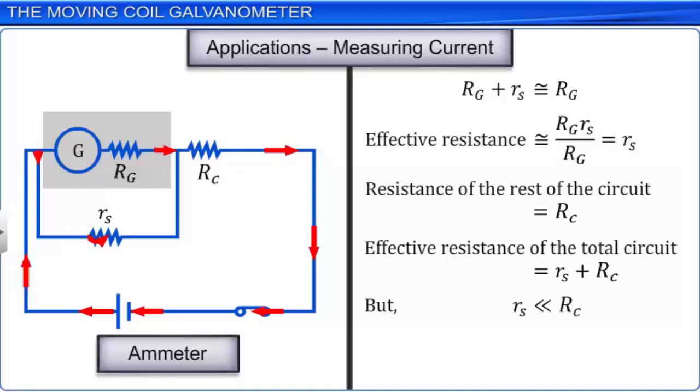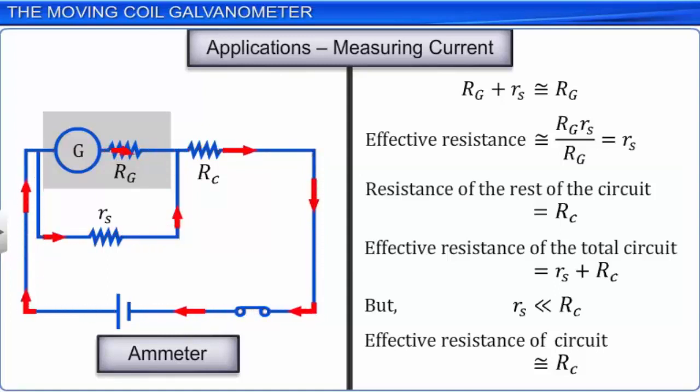Thus, the effective resistance of the total circuit is approximately equal to Rc. That is, the resistance of the measuring device in the circuit is negligible. Thus, the galvanometer can be converted into an ammeter by connecting a shunt resistance in parallel. And the scale of this ammeter is calibrated and graduated according to the current sensitivity.